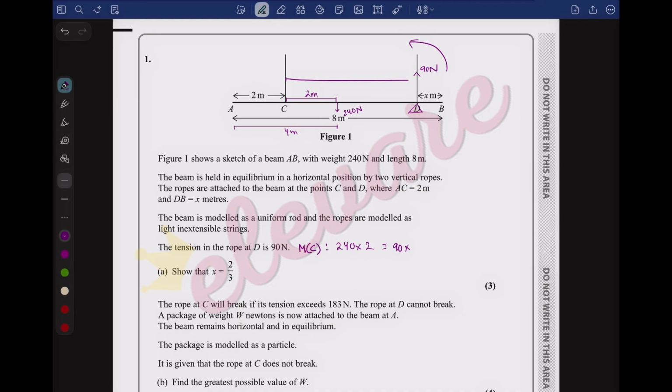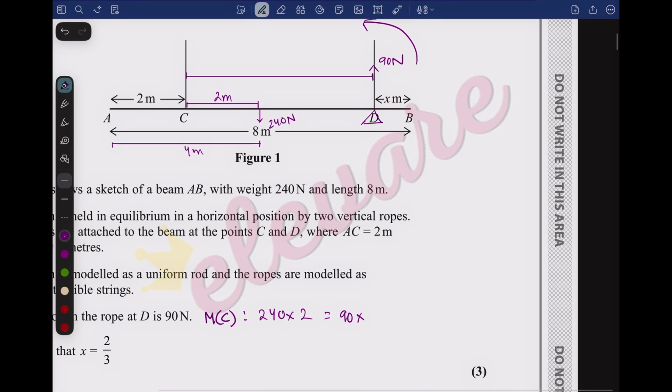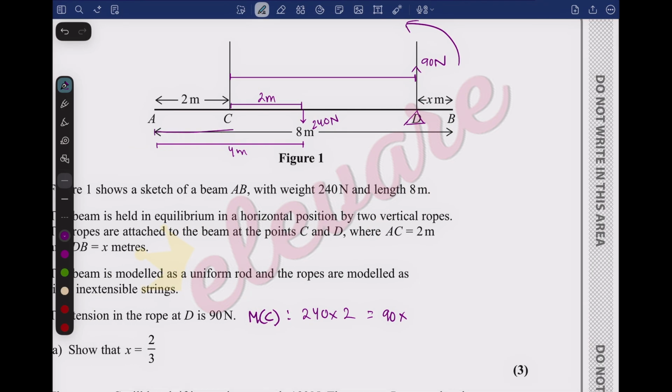What is this distance? Well, how do we find that out? Well, we have the total length of the beam, that's 8 meters, okay? And we know this is 2 meters, so we can say that this distance is 6 meters, as in 8 minus 2, that's 6 meters.